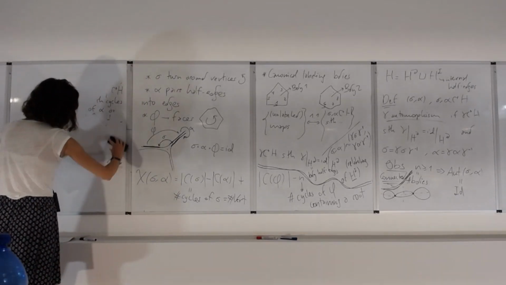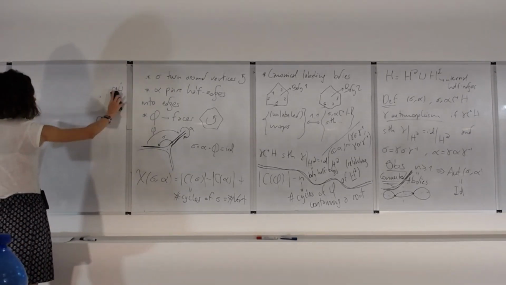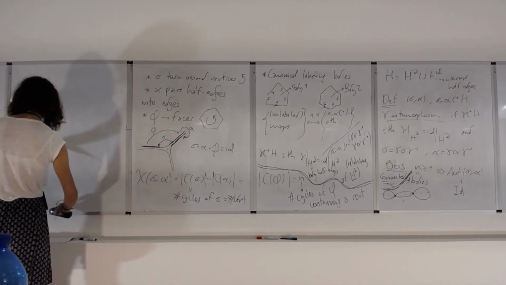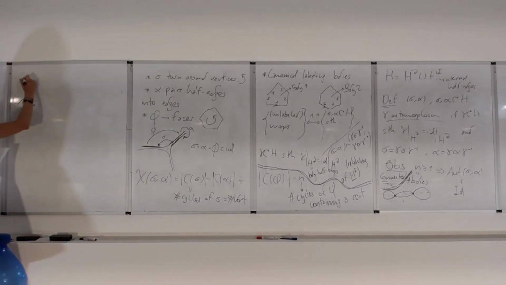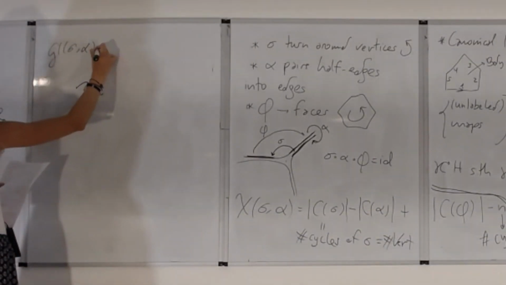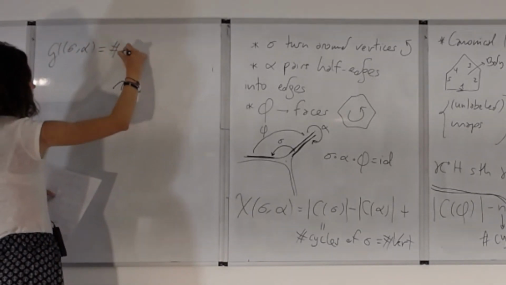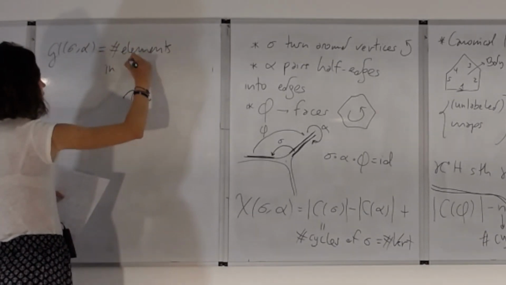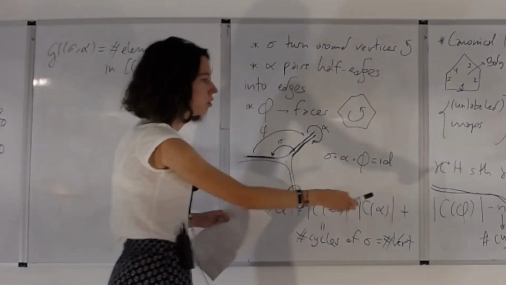Now I just want to point out how many guys are there in an isomorphism class. So the number of gluings, if you want, of a combinatorial map is the number of elements in the class defined here.